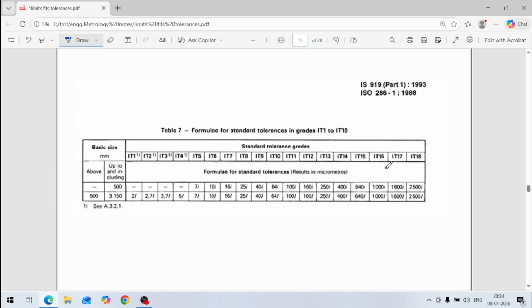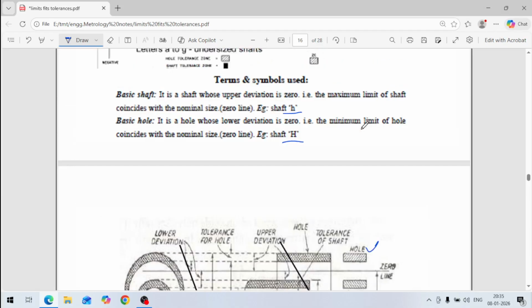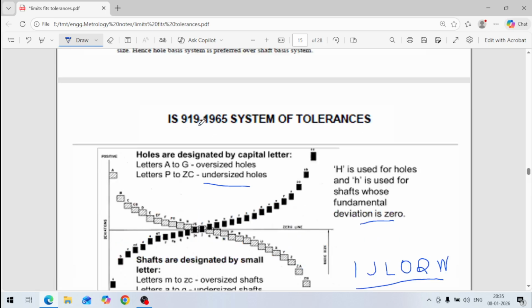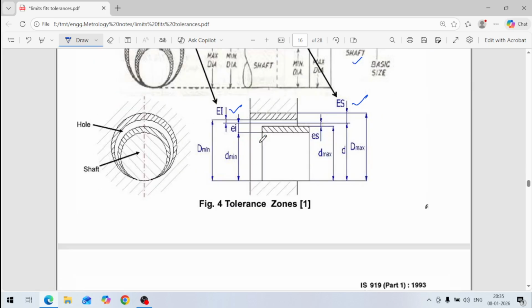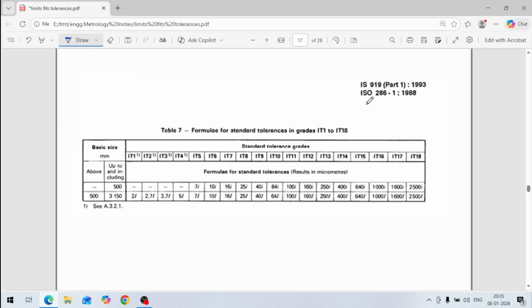And one more thing, this was basically IS 919/1965, and it was revised, and this revised version is IS 919/1993, and it is very nearly equal to ISO 286/1988.